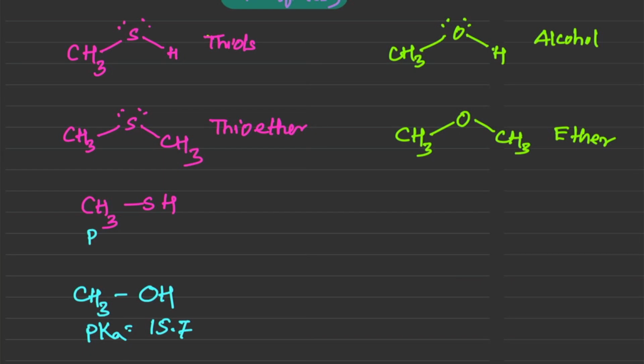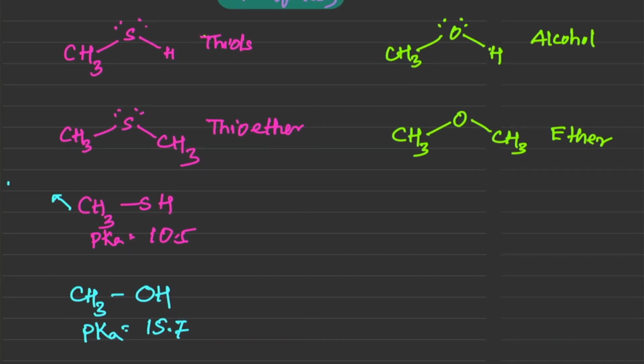The pKa of our thiols is around 10.5, if I remember correctly. So obviously the thiol is more acidic. Just by looking at the pKa value, we can say that 10.5 is smaller than 15.7, and the lower the pKa, the more acidic it is.